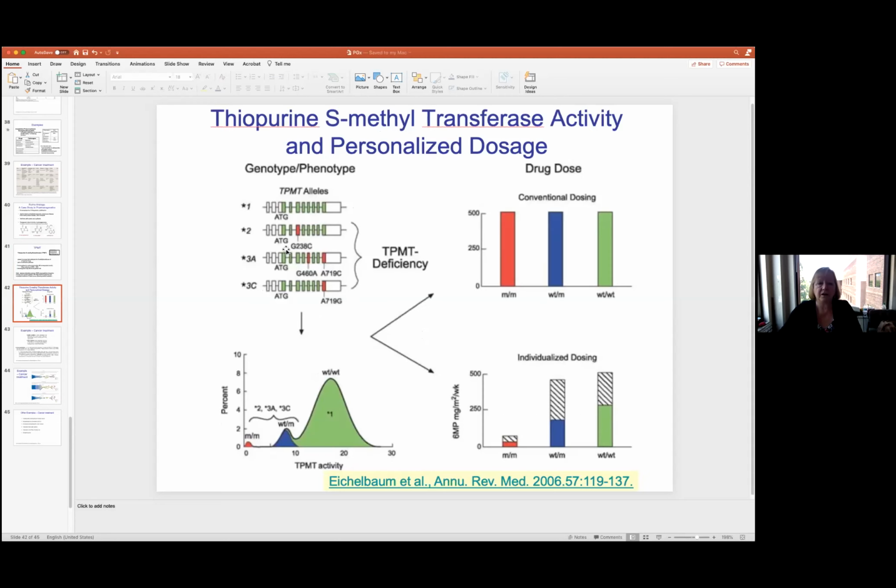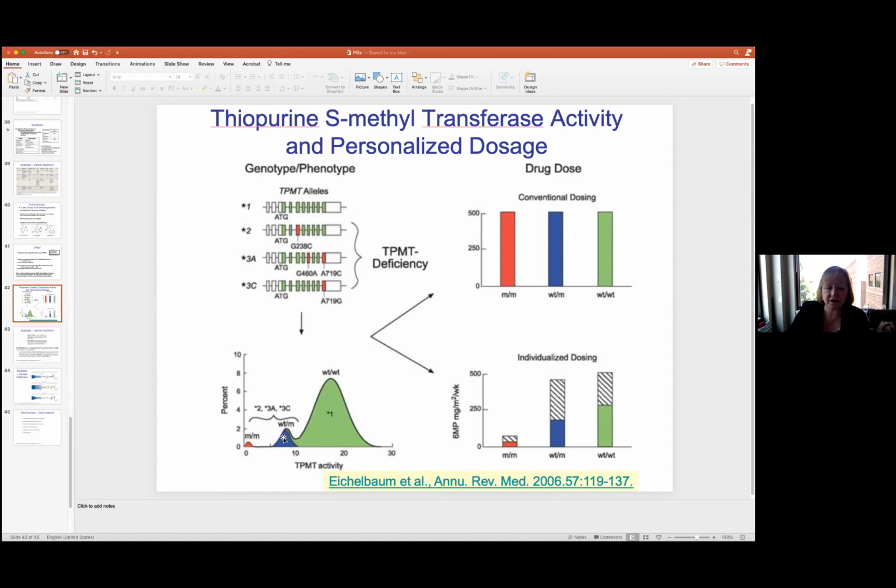So here is a way of thinking about it, and this is a really good example. If you have any one of the star 2, star 3A, star 3C alleles, you're going to have pretty much a deficient amount of TPMT around. So you can see that the activity is really, really low.